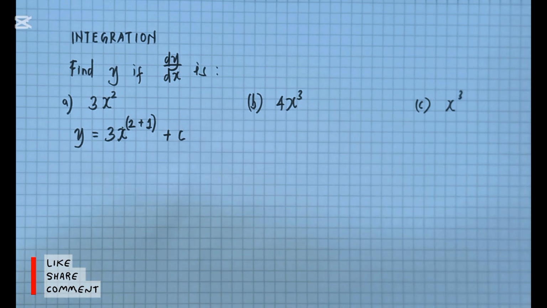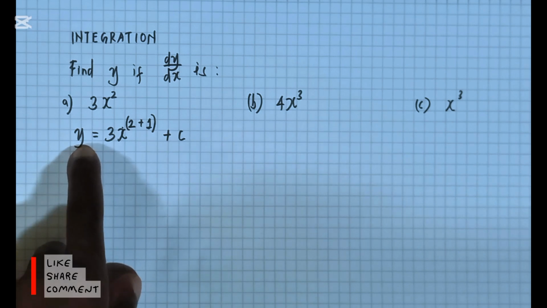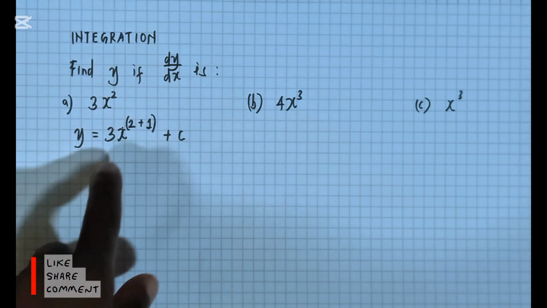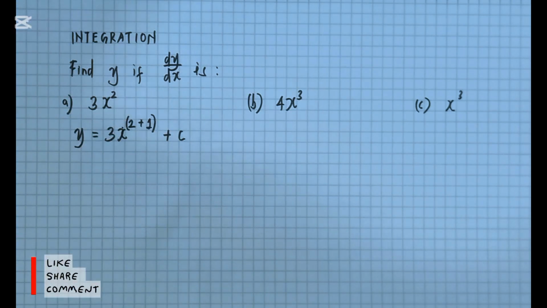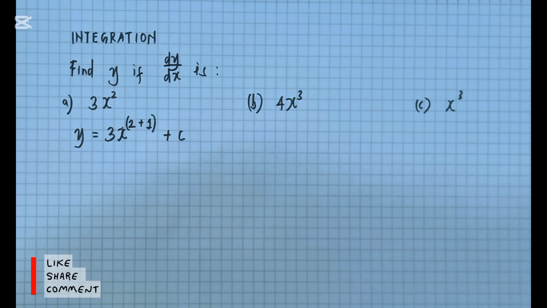The reason we do that is because we believe that the function y has a y-intercept, a place where it intersects with the y-axis in the Cartesian plane. That is why we add this c, as we do not know at this particular moment the value of c, so we have it there as a constant.